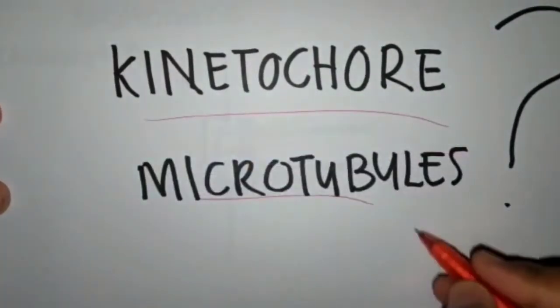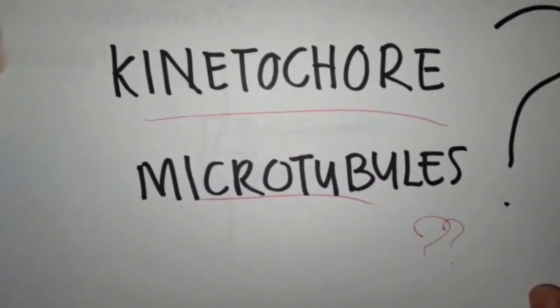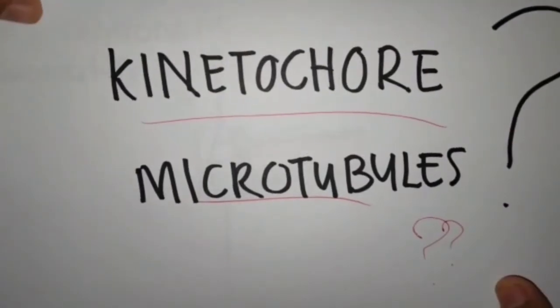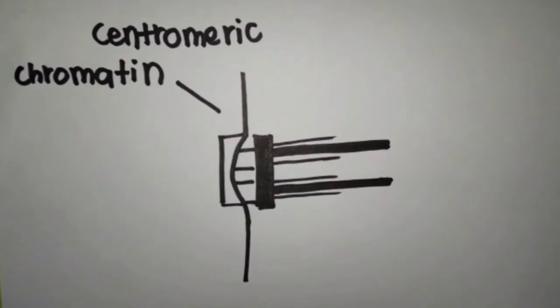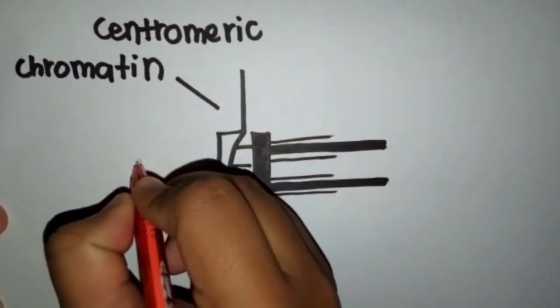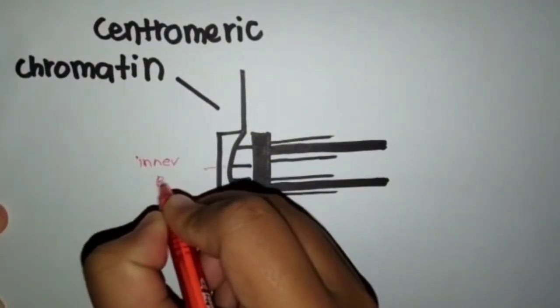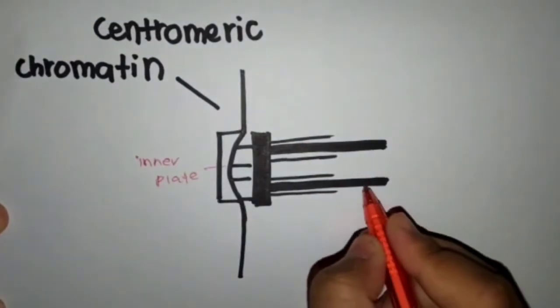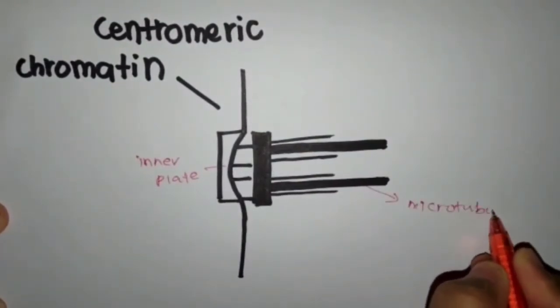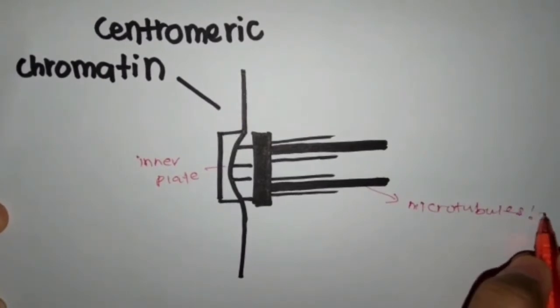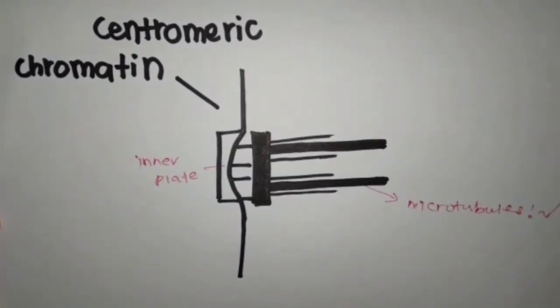Kinetochore is a protein structure that forms on a chromatid during cell division and allows it to attach to a spindle fiber on a chromosome. Centromere is where the sister chromatids connect and form a chromosome. The outer plate of the kinetochore is attached to and works in conjunction with the microtubules, which are connected to the spindles at either end.